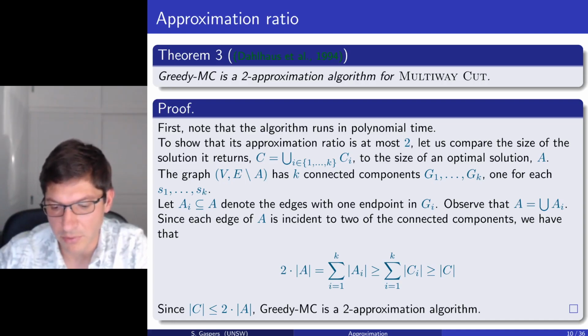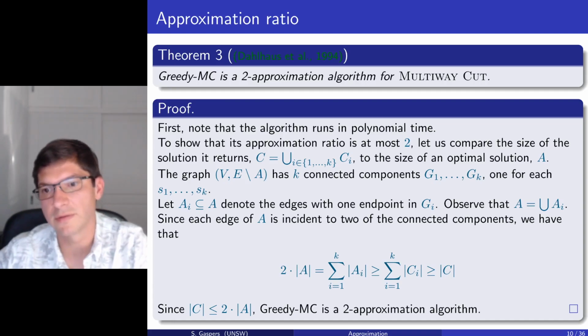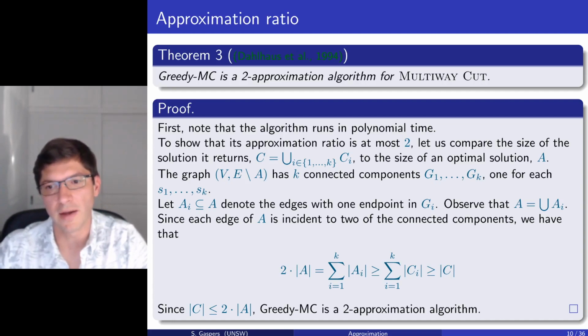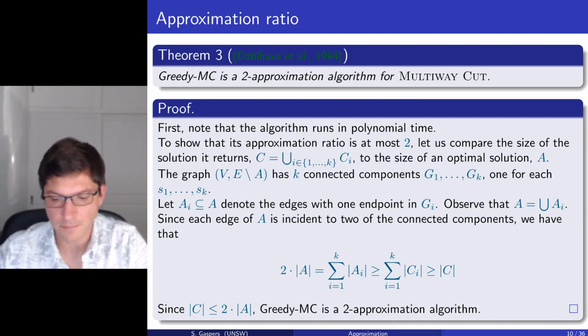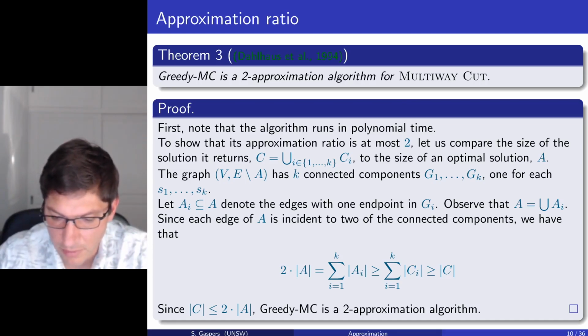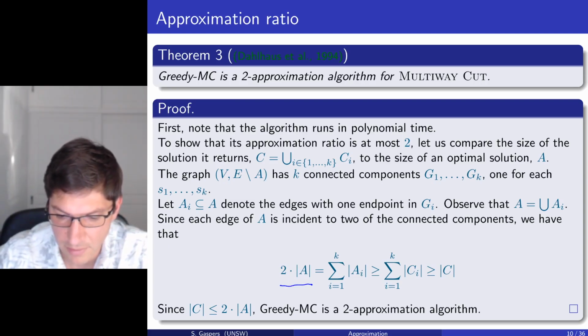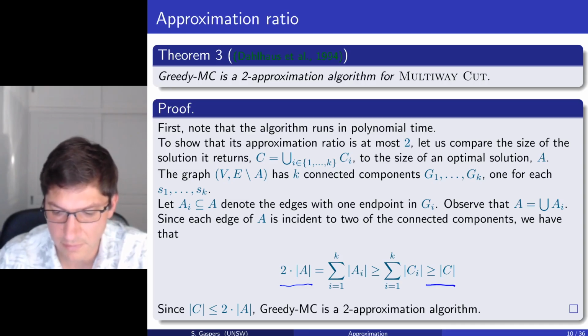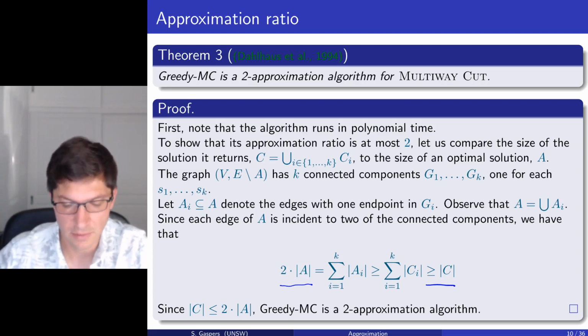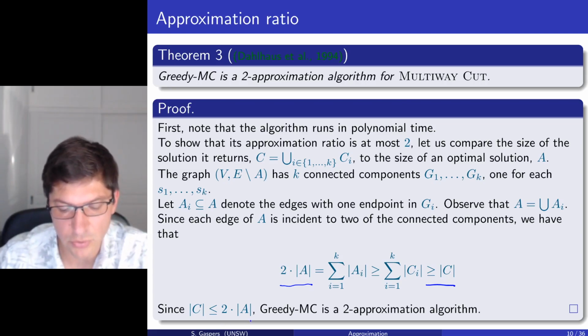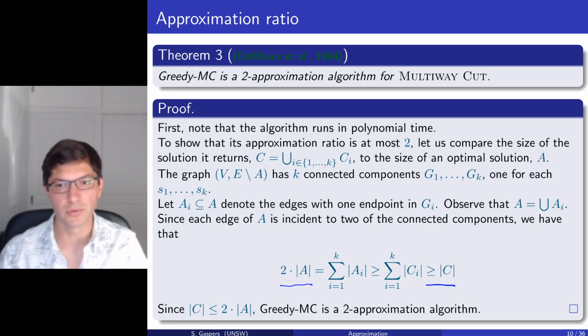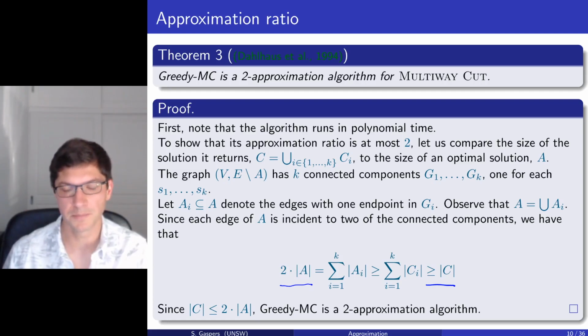But we know that taking the union gives us a set whose size is at most the sum of the sizes of the C_i's. So 2 times the size of A is at least the size of C. So the solution that we get, the size of C, is at most 2 times the size of the optimum solution, and therefore greedy MC is now a true approximation algorithm.